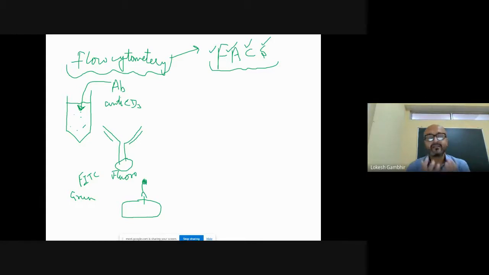Even if I give you a sample and want you to count the CD3 cells, you will focus on how many green colored dots there are. The same is the concept of flow cytometry. After conjugating, again for 2 to 4 hours, you put this complete mixture in this machine called a flow cytometer.